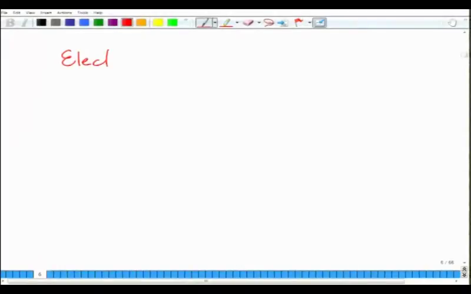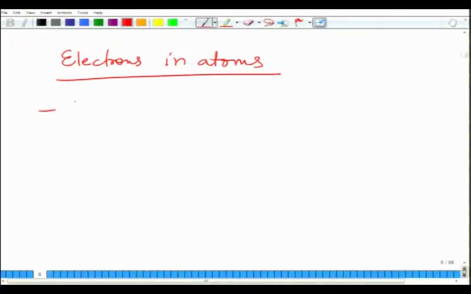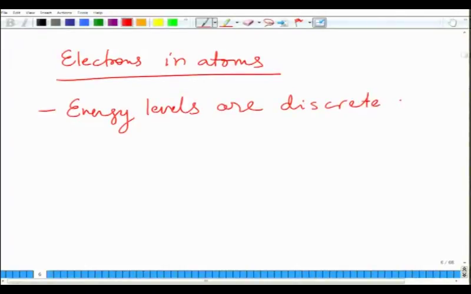Also, we know that electrons in atoms, what are the characteristics of electrons in atoms? The energy levels of electrons are, you can say, discrete or quantized, right.